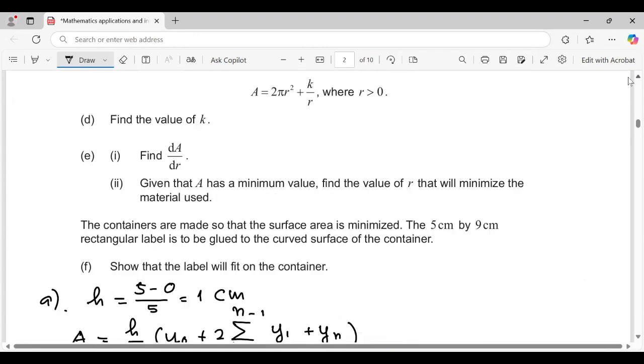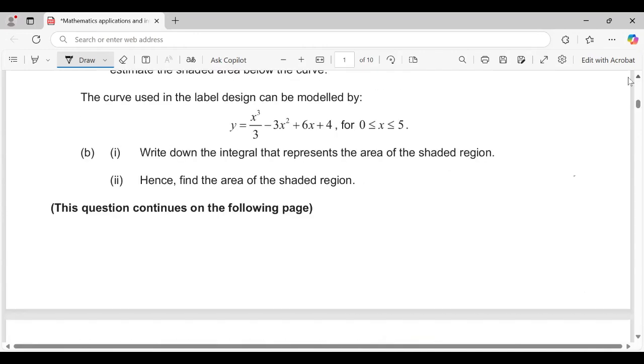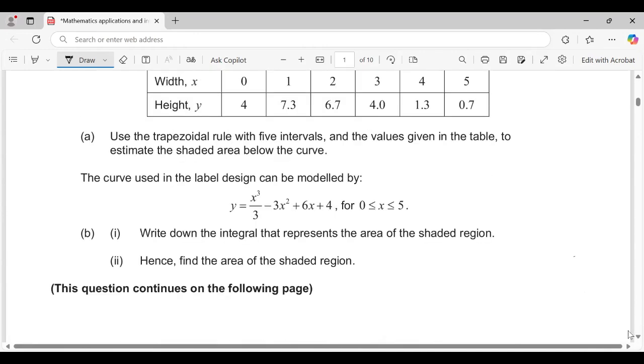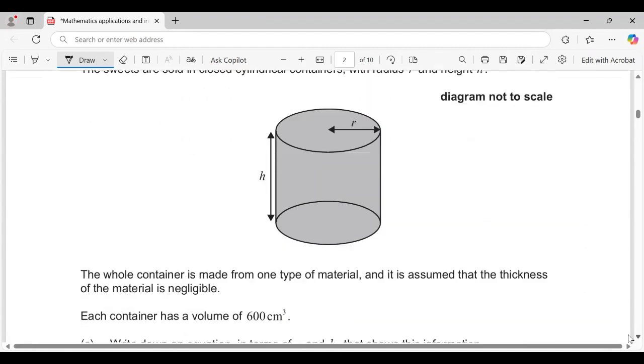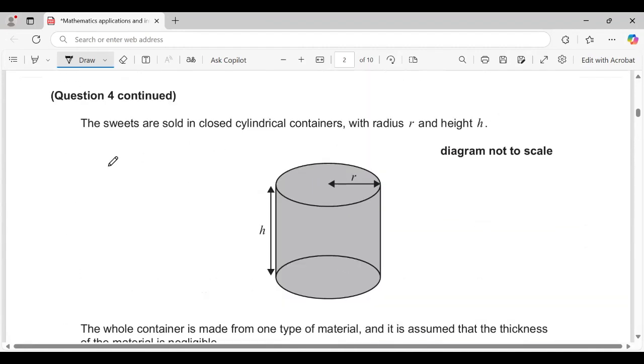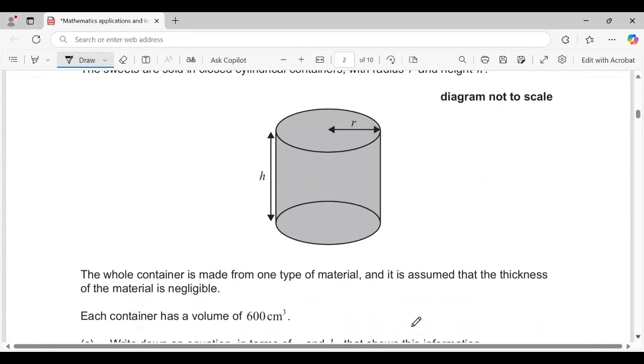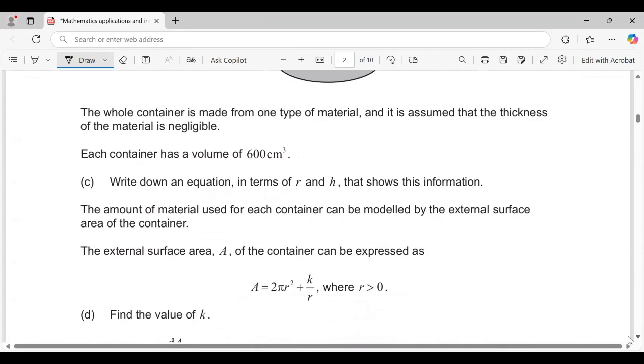Next question, C. The sweets are sold in closed cylindrical containers with radius R and height H. The whole container is made from one type of material, and it is assumed that the thickness of the material is negligible. Each container has a volume of 600 centimeters cubed.